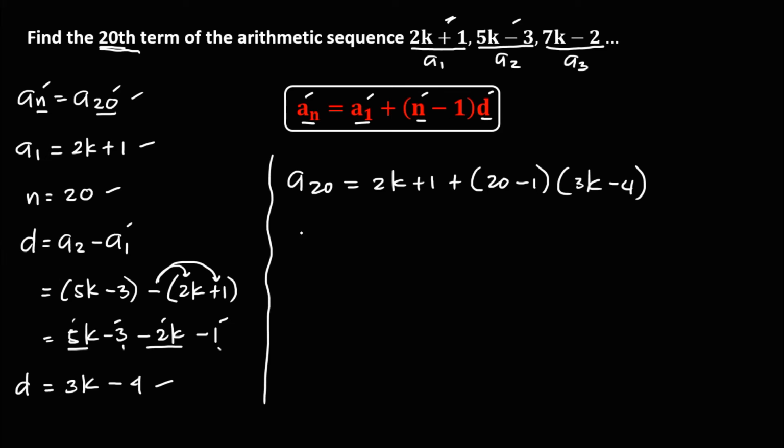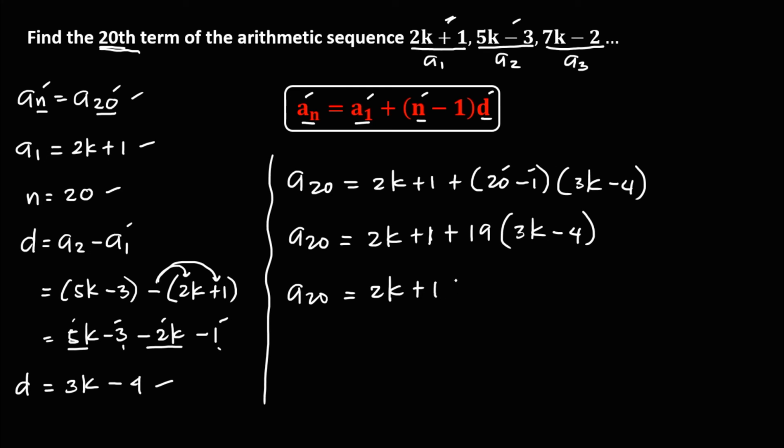Then simplify, so we have a sub 28 equals 2k plus 1, then plus 28 minus 1, that's 27, then times 3k minus 4.